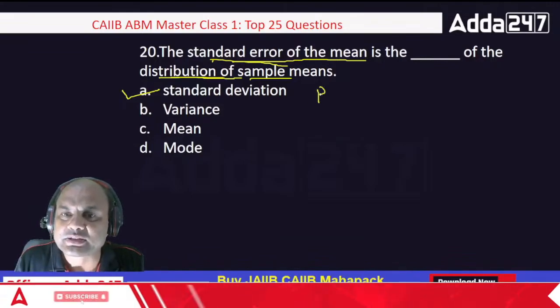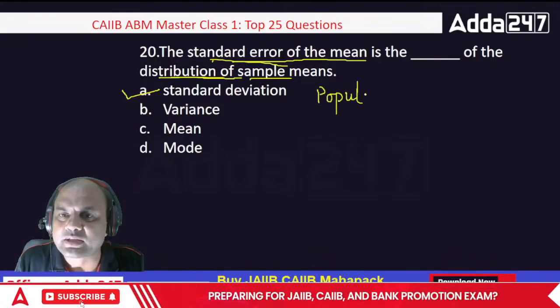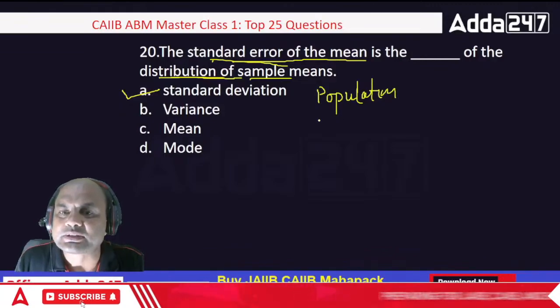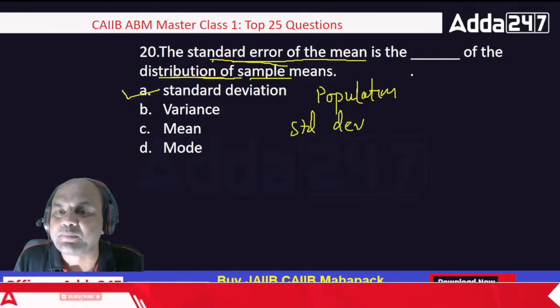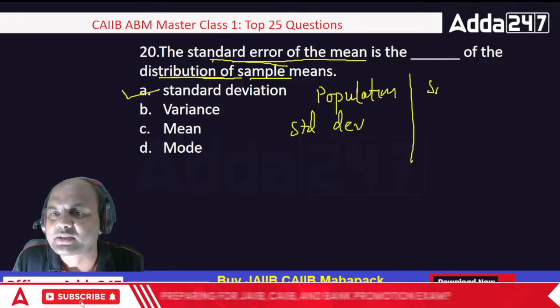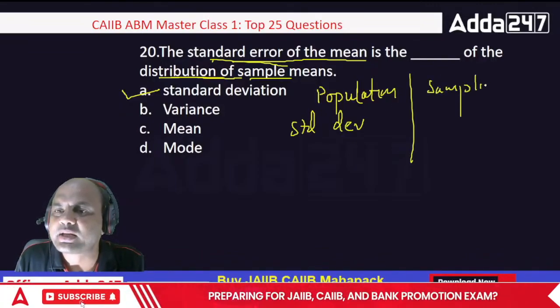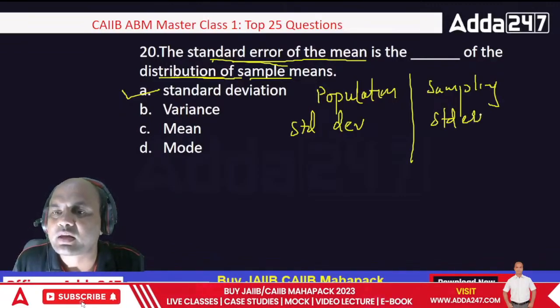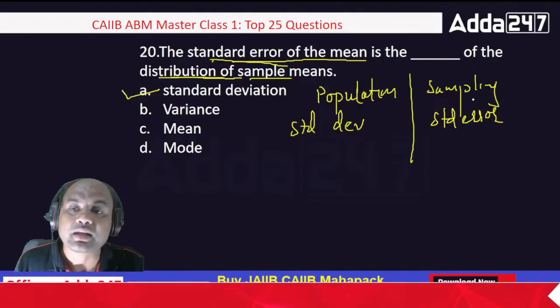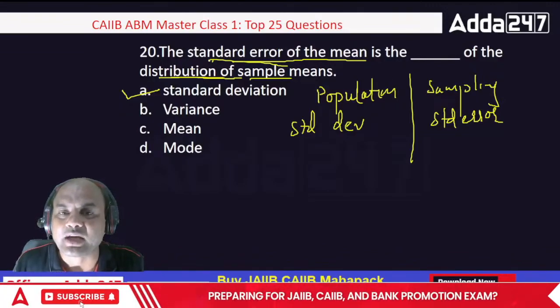If the population is distributed, we call it standard deviation. And when the sampling distribution is done, we call it standard error.